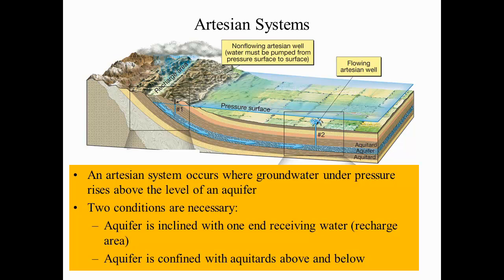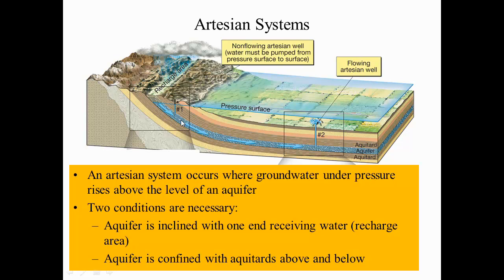And what's more, the aquifer also has to be confined with aquitards both above and below. In the figure shown above, both of these conditions are met. In this case, the aquifer is a sandstone layer that's recharged in the area towards the left.